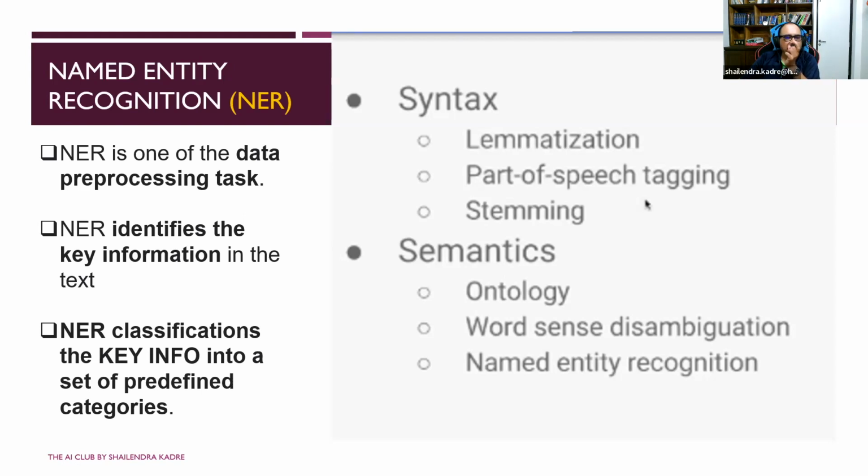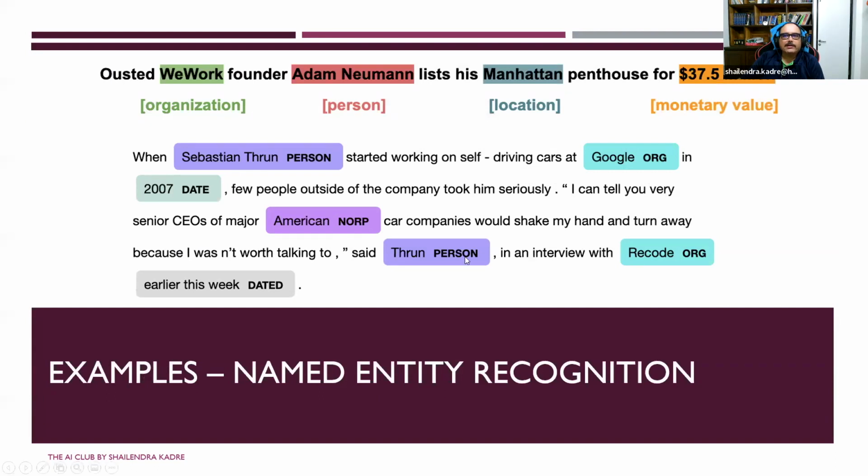We'll see that down the line. There are two examples here. The first is a sentence, and the second one is a bigger paragraph. So let us consider the first sentence. Just read it. It is a kind of tongue twister.